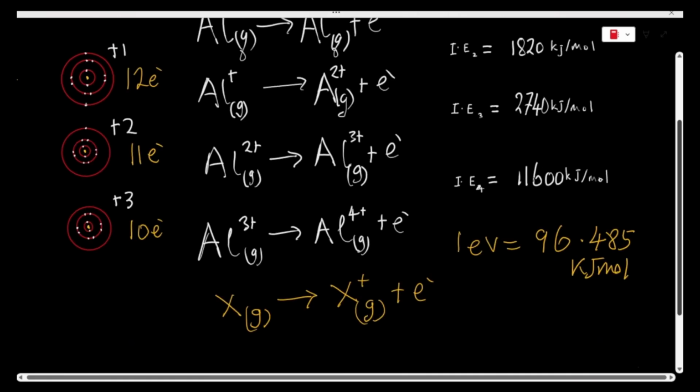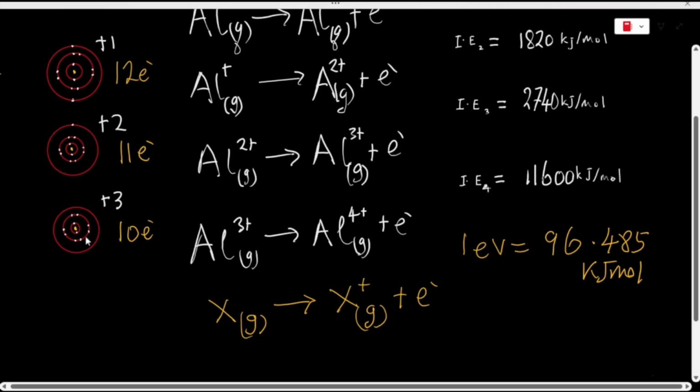Now, the reason why it's so is that the first three ionization energies involve the removal of valence shell electrons. The removal of a fourth electron would mean removing a core electron in an inner principal quantum energy shell. And that means that the attraction on that particular electron is very strong.